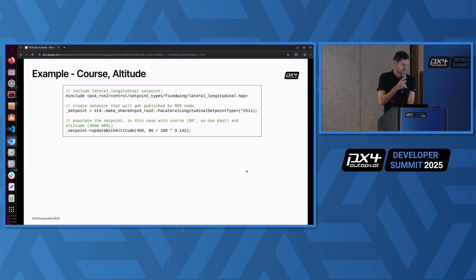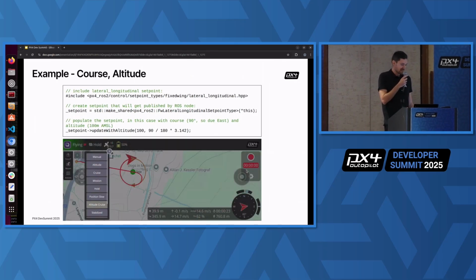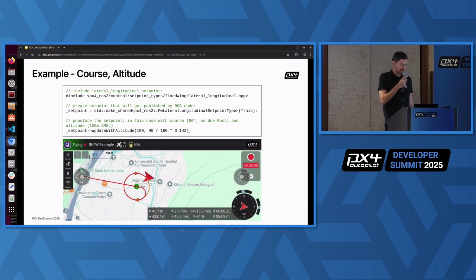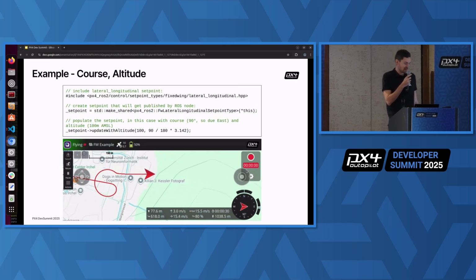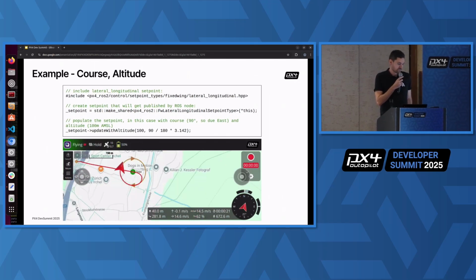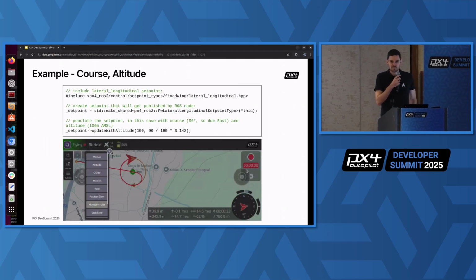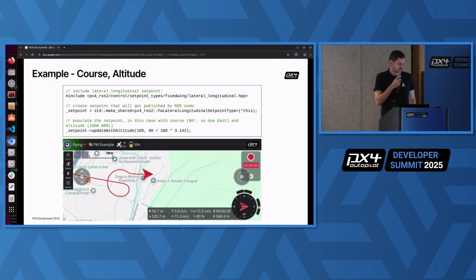Actually, it was 100 meters above sea level. Anyway, that looks then like that in this example. I can switch into my external mode, and it just jumps to the set point I gave. So it will climb to 100 meters above ground, and it will keep the course due east. So that's all done by just these 3 lines.